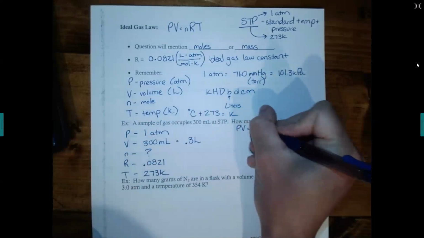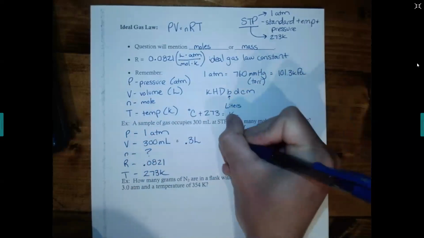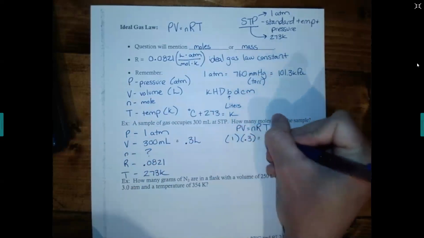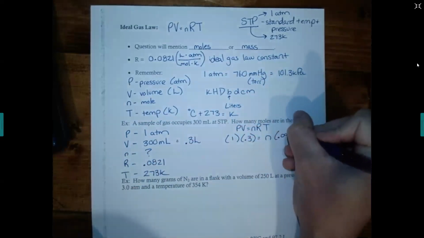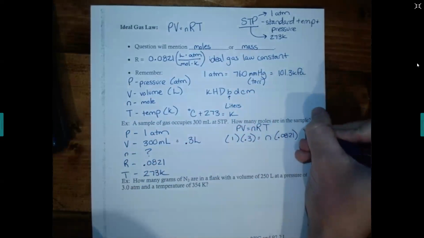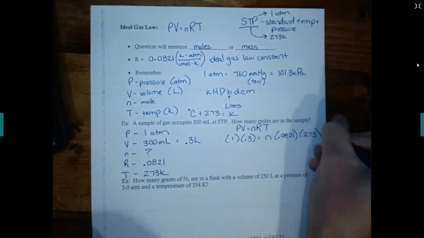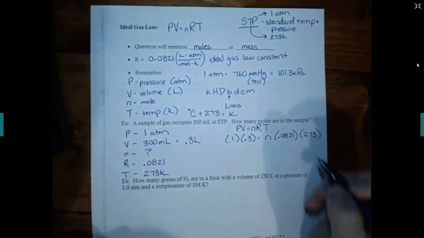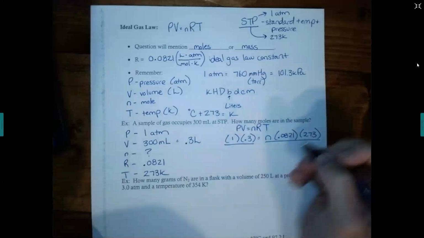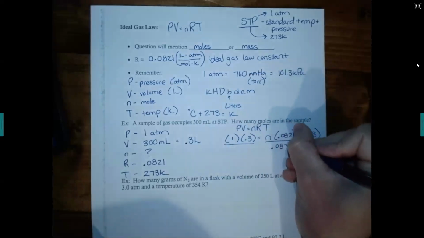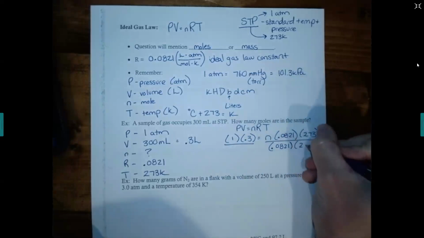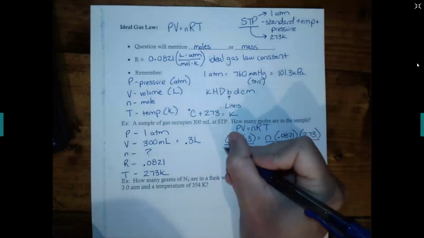All right, so we're ready to plug all of this in. 1 times 0.3 equals n times 0.0821 times 273. Now remember how to do algebra. We want to get n by itself, so we need to divide both sides by 0.0821 and by 273.